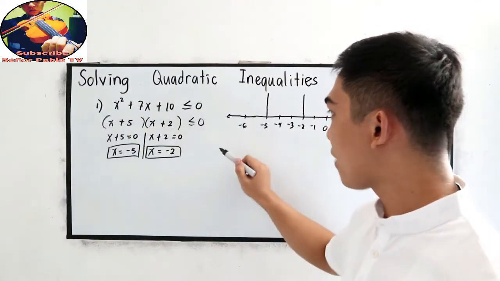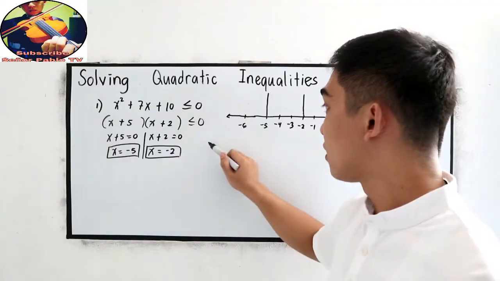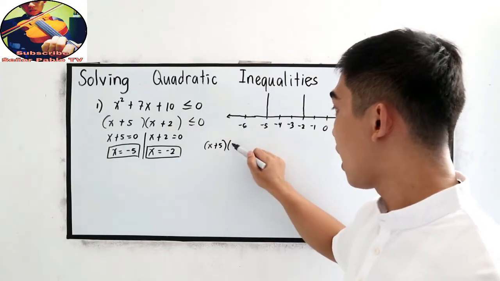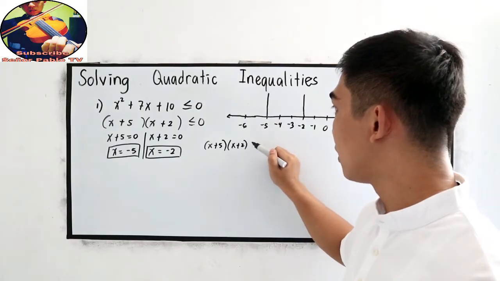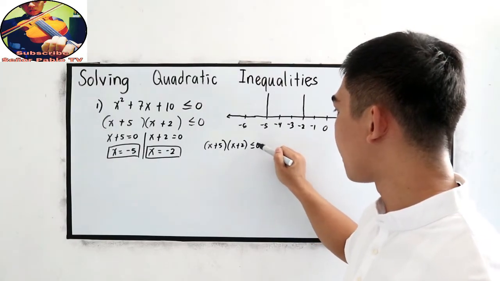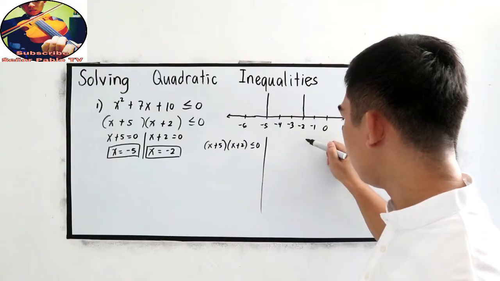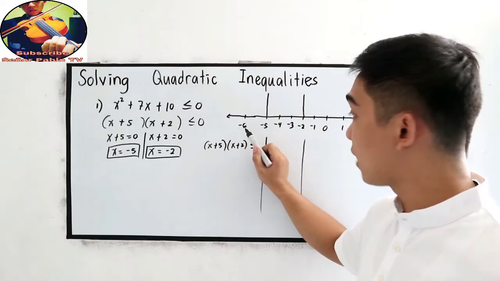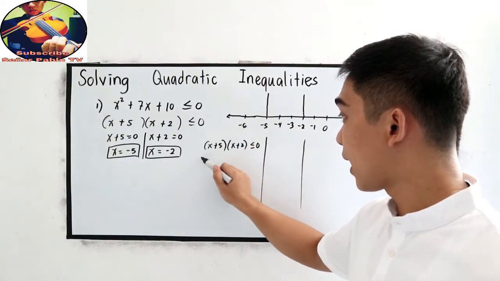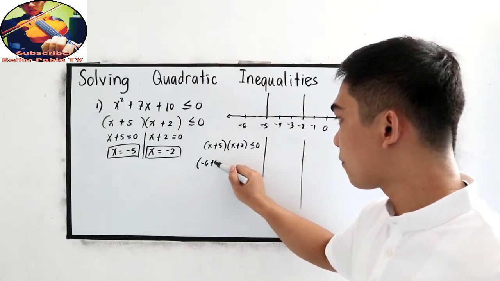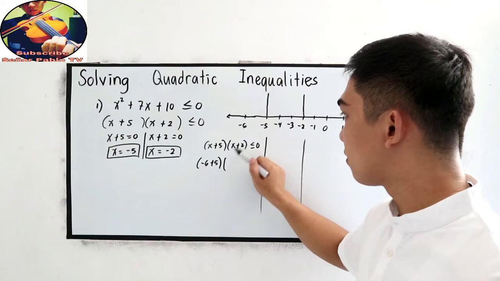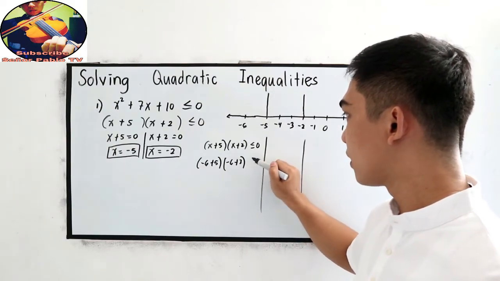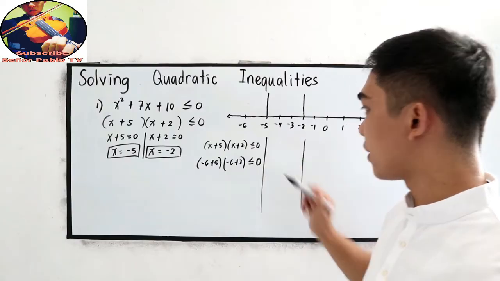So, copy the factor: x plus 5 times x plus 2 less than or equal to 0. I will use negative 6 to test. So, negative 6 plus 5 times negative 6 plus 2, just substituting the value for x, less than or equal to 0.